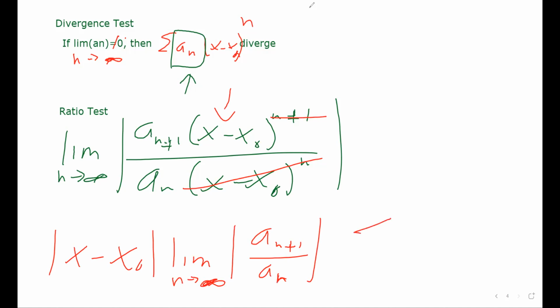And now if this thing is less than 1, we will converge. If this thing is greater than 1, we will diverge.